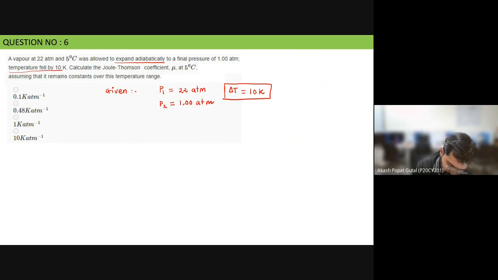We need to calculate the Joule-Thomson coefficient mu at 5 degrees Celsius, and it is assumed that mu remains constant over the temperature range.